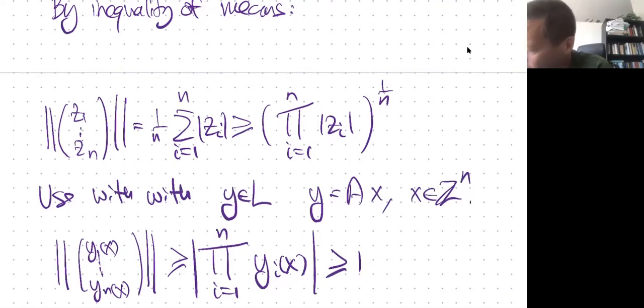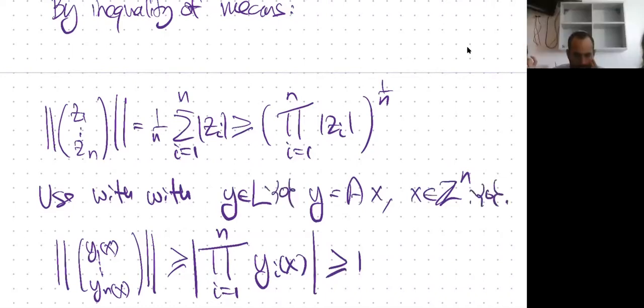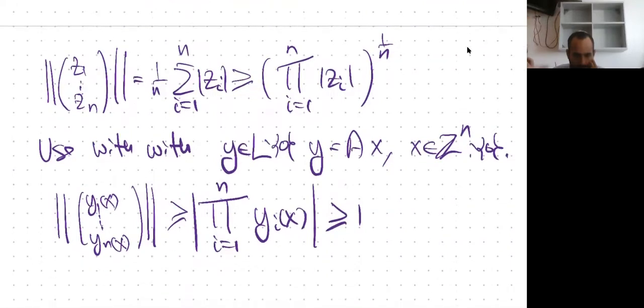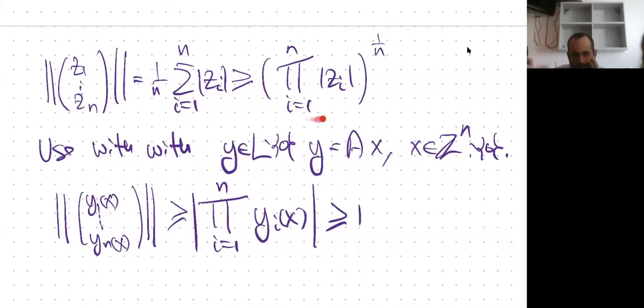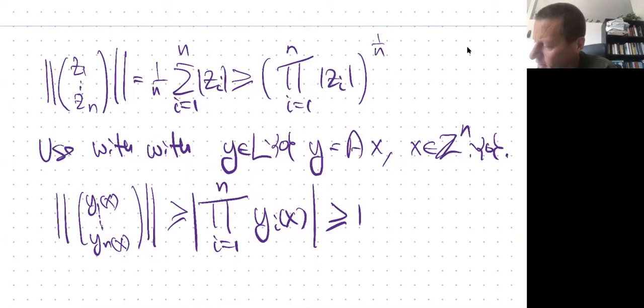And I don't want to pick a 0 there. It's supposed to be the product raised to 1 over n, right? Yes, the product raised to the 1 over n, yeah, you're right.